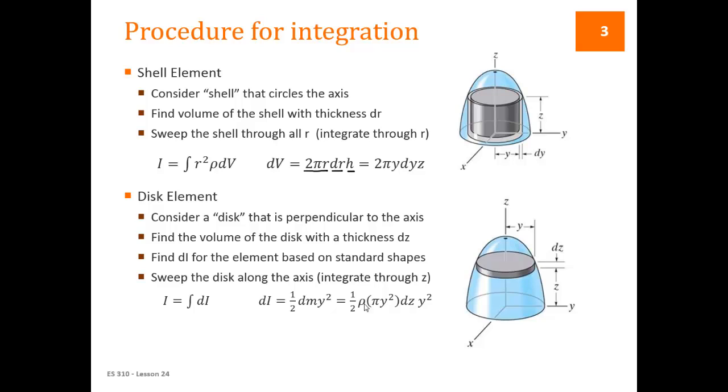We can rewrite dm as rho times dV, so we've got pi times the cross-sectional area, which is y squared, times the thickness dz gives us dV, times the radius squared again, y squared. Then we plug this into the integral and take that integral to find the total moment of inertia I. This is around the z-axis in both cases.